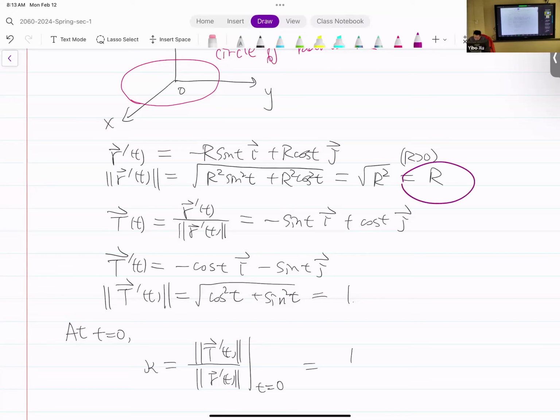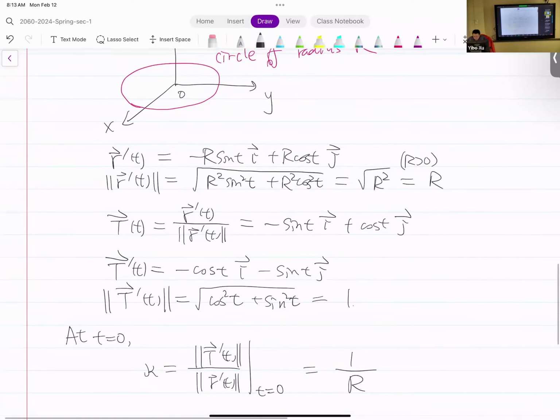It's actually a constant also. So we have 1 over r evaluated at t equals 0. But we do know that this expression does not relate to t at all. So it's a constant. So basically, it just means what?